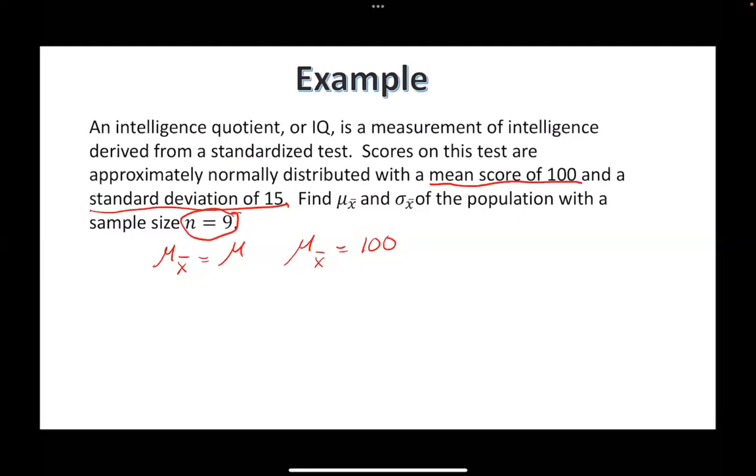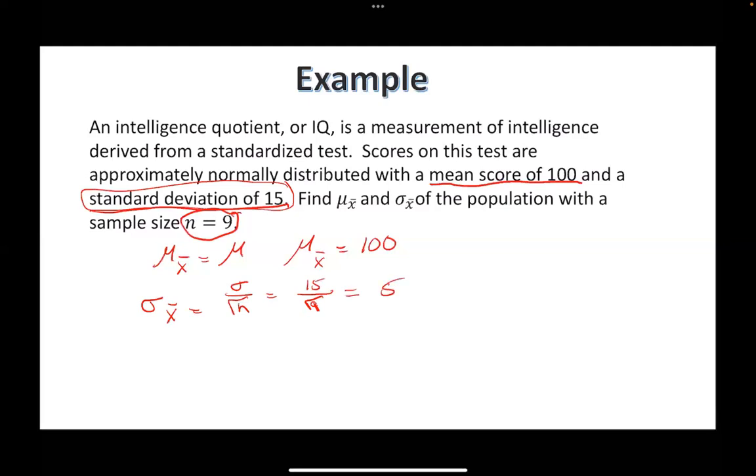So our sigma sub x bar equals sigma divided by the square root of n. Our sigma, the standard deviation, is 15, divided by the square root of 9. So 15 divided by 3 is 5.